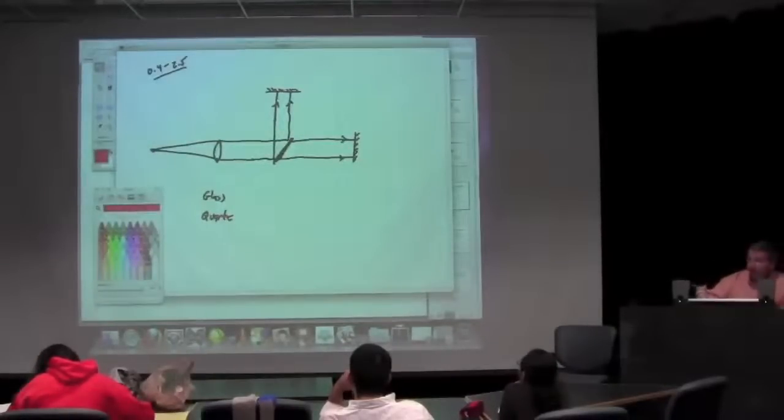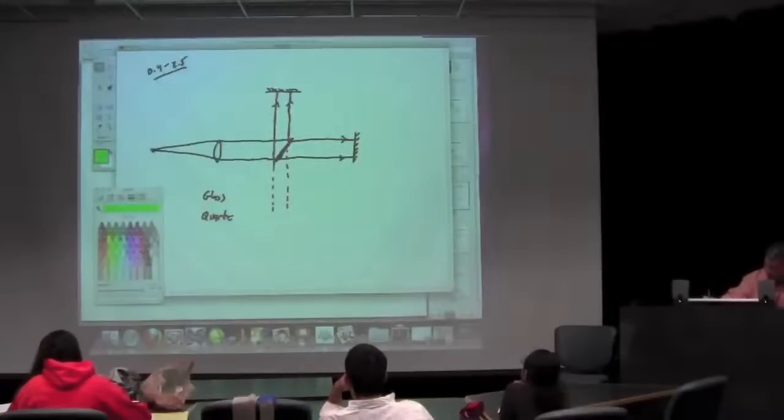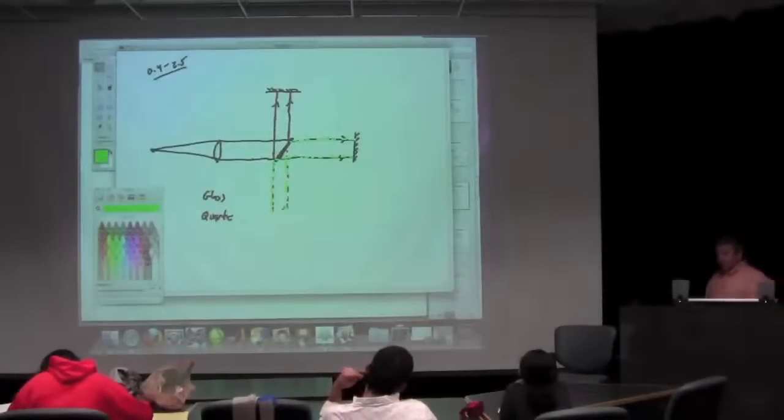All right, and then we're going to get a reflection off those mirrors, and the light's going to come back, and it's going to pass through in this direction. And I'm just going to use a different color for the reflection off of here. Light's going to come back, and it's going to reflect down this way. And so at that point, what will I have?